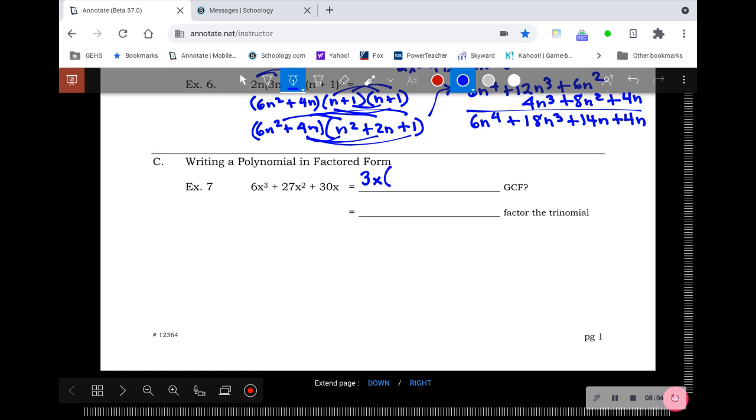If you were pretending to distribute here, the first pair has to give this amount, so that tells you you're going to need a 2x squared in that slot. Multiplying by the next slot has to give this, so 3x times 9x would give 27x squared. And finally, 3x times 10 would give the prescribed 30x.